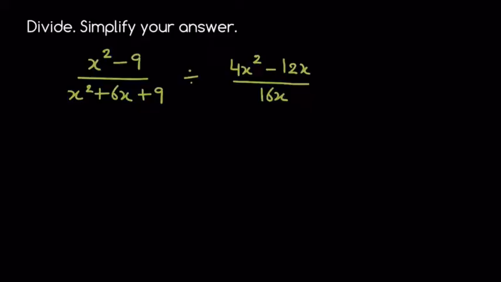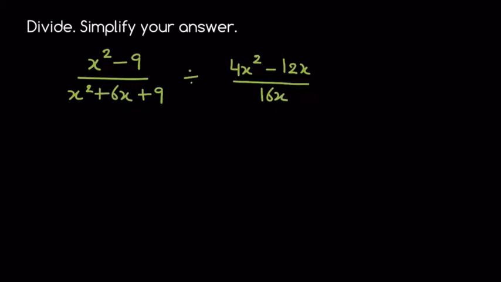Divide, simplify your answer. We have one rational expression divided by another rational expression: x squared minus 9 over x squared plus 6x plus 9, divided by 4x squared minus 12x over 16x. For dividing rational expressions, we apply the same rules as for dividing fractions.